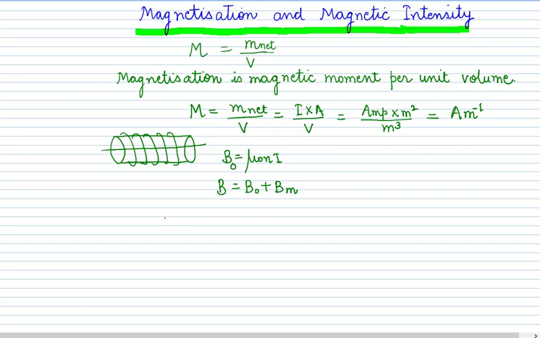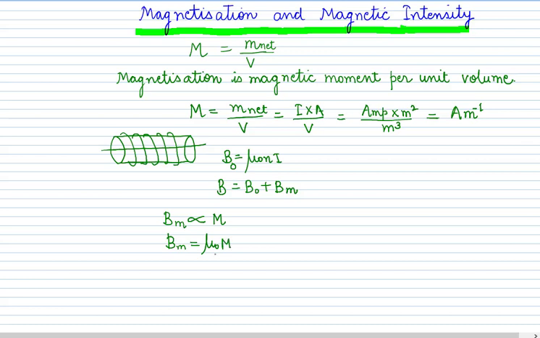Now the magnetic field due to this magnetic material will depend on the magnetization of the material. So this magnetic field is directly proportional to the magnetization of the material. So in order to remove the proportionality sign, we introduce a constant, and this constant in magnetic field or magnetization is always mu naught. So we say that this magnetic field due to magnetization is equal to mu naught M.